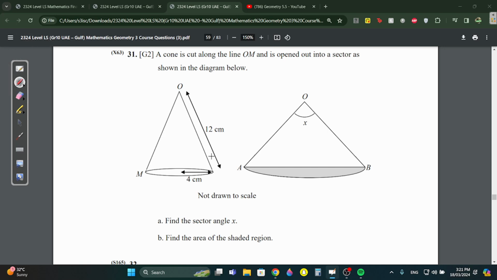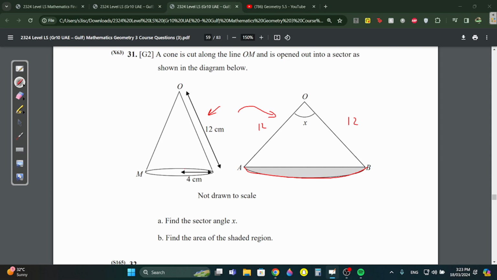Let's start solving. Find the sector angle x. Look at this: you have this cone and you're opening it up, untwisting it to form this shape. This shape obviously is going to be 12 and 12 here. But one thing you have to pay attention to is the length of the arc.